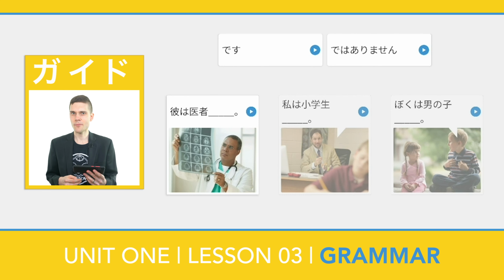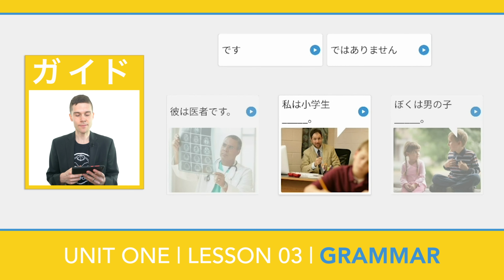Getting into desu a little bit more here, we have blanks to fill in the positive or negative version. This is quite perfect. So, 私は医者です, because he is a doctor. Positive, I am a doctor. In this example here, this man is clearly not a shogakusei, which is an elementary school student. So we have 私は I, 小学生, and we need the negative statement.